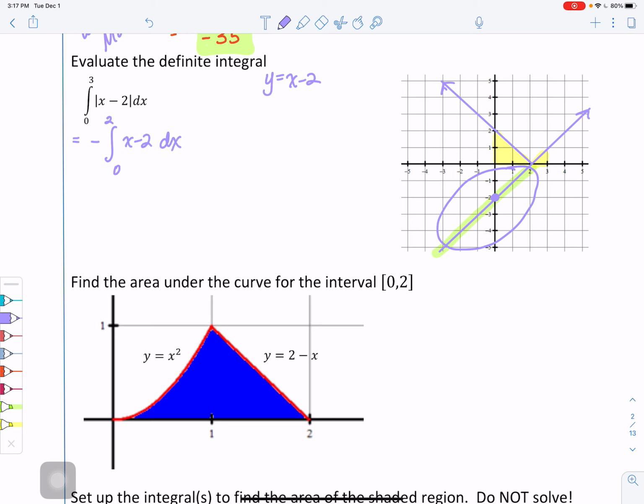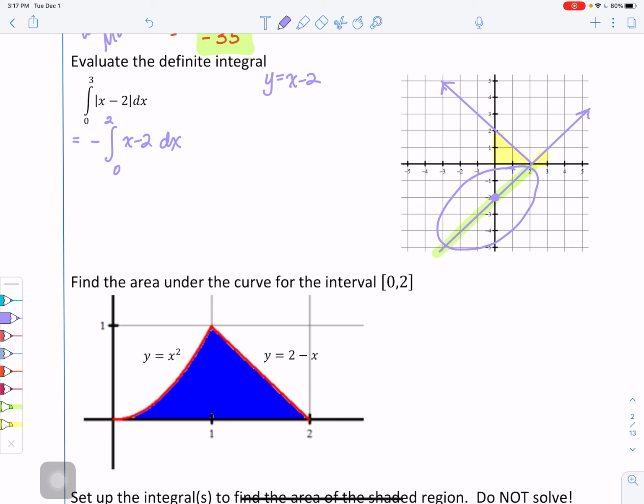So we can now just take the integral from 2 to 0 of x minus 2 dx plus the integral from 2 to 3 of x minus 2 dx. Our antiderivative is 1/2 x squared minus 2x, evaluated from 2 to 0, minus that same antiderivative evaluated from 2 to 3.